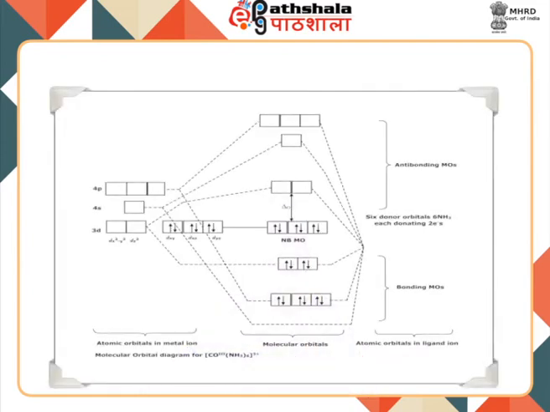First of all, we will be discussing the molecular orbital diagram formation of the cobalt ammine complex using the ligand group orbital approach. The frontier orbitals are represented with the sigma bonding interactions. On the left hand side are depicted the atomic orbitals in the metal ion, and on the right hand side are depicted the atomic orbitals in the ligand. In the center, both the orbitals have been combined together to give the molecular orbitals.